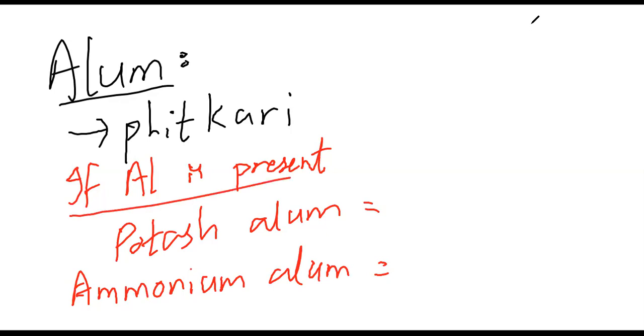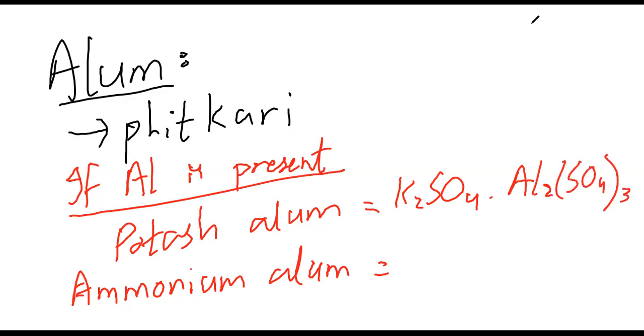When Al is present, the formula for potash alum is K2SO4, potassium sulfate, dot Al2(SO4)3, dot 24H2O. Look, 24 waters of crystallization are present.